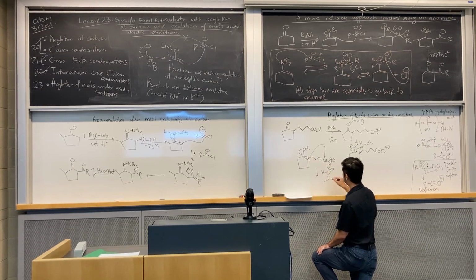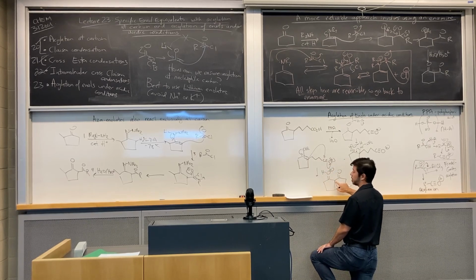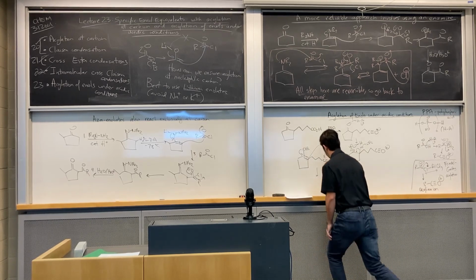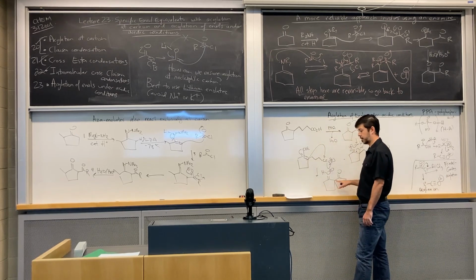Okay, so now your oxygen is positively charged because it has 3 bonds from that proton. And this carbon has reacted to form a 5-membered ring. So you have 2 5-membered rings that are held together through this quaternary carbon right here.